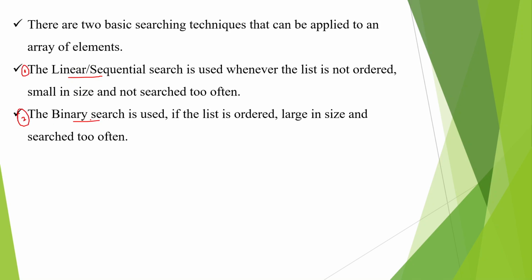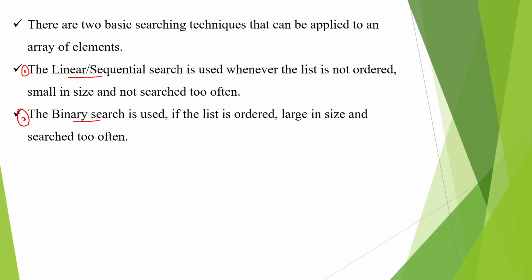When we have to apply linear search and when binary search depends on certain parameters, certain constraints, certain conditions. Linear search is very easy to apply, but very costly when it is operated, because it will consume more computational resources.